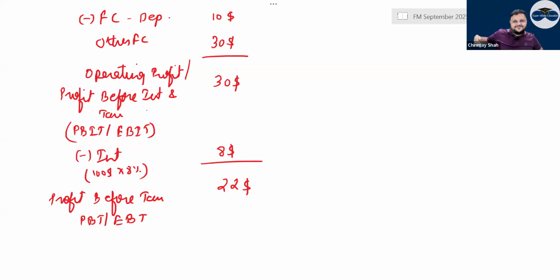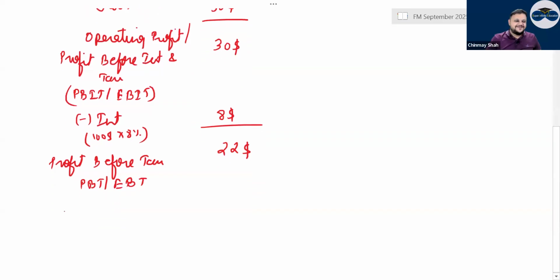Slowly from the side, Mrs. Sitaraman will come. She will say, what do you have to pay to the government? Tax. 30% tax. Correct or not? Popcorn pays tax. Chaddi pay gaddi free. Gaddi pays tax.